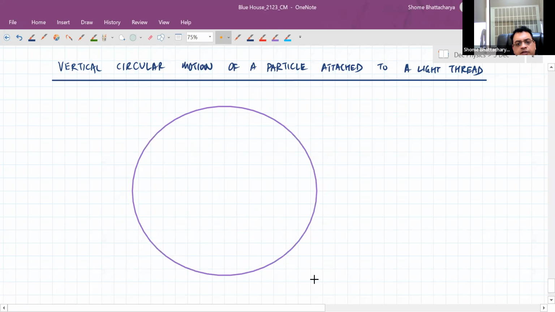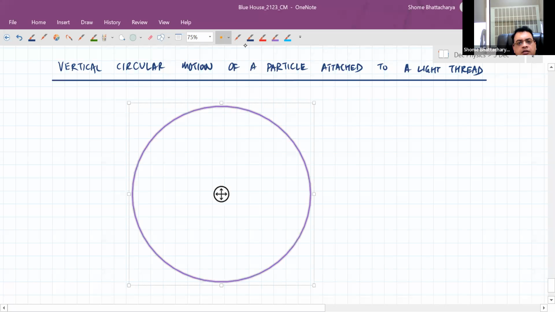So let's say this is the vertical circular path along which such a particle is moving, which is attached to a thread of length L, and that thread is attached to some point O so that it can rotate freely about that.